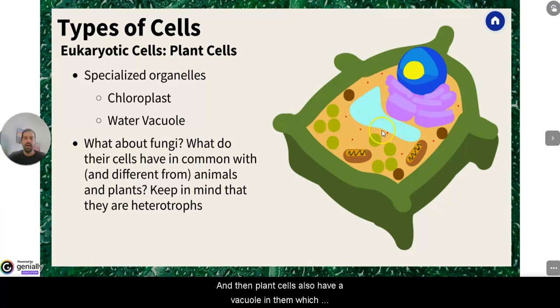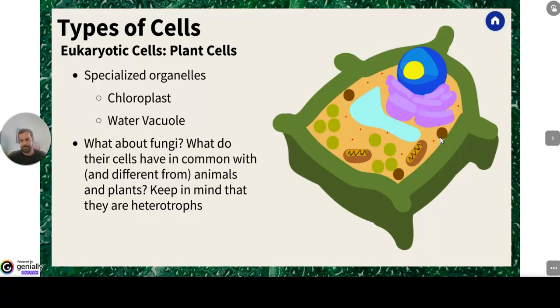And then plant cells also have a vacuole, which is usually just filled with fluid, filled with water. This is what enables a plant to regulate its turgidity, its fullness.